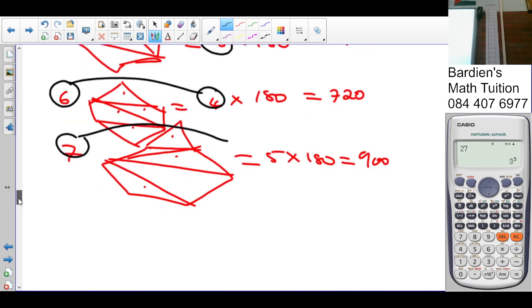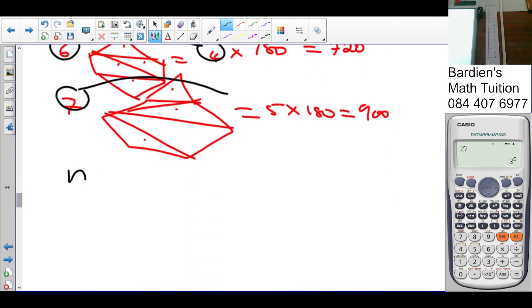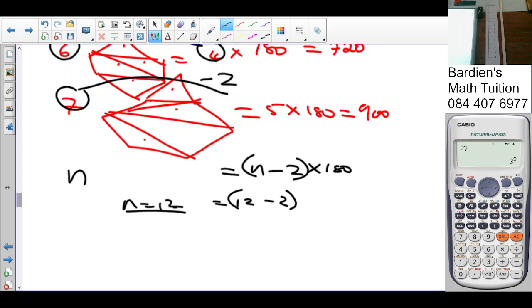So in general, if it's n amount of sides, that would simply be n minus 2 times 180. If it's 12 sides, n is 12, so 12 minus 2 times 180 is 1800. You understand why we minus 2?